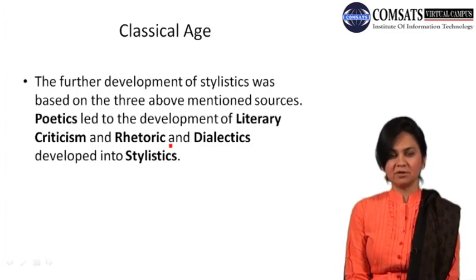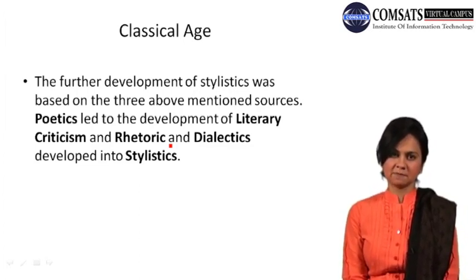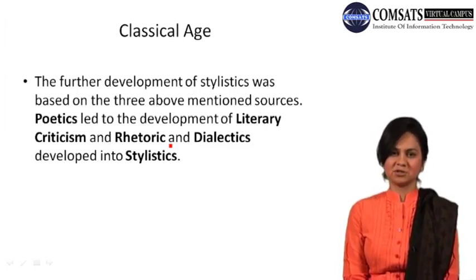Poetics led to the development of literary criticism, and rhetoric and dialectics developed into stylistics. So, we can say that stylistics owes its existence to the classical methods and models of analysis of writings as well as the principles governing the creation of particular expressions, speeches, dialogues, discussions and literary expressions.